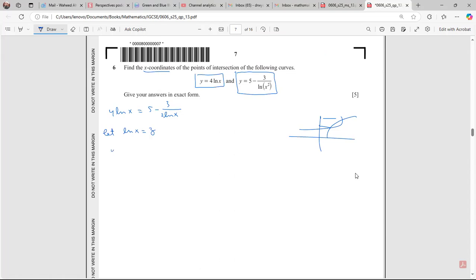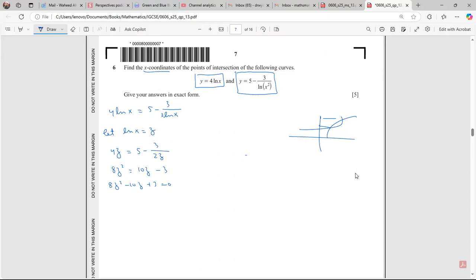So it will become 4z equal to 5 minus 3 over 2z. Let's multiply everything by 2z, so it will become 8z square equals 10z minus 3. So this is a quadratic equation, 8z square minus 10z plus 3 equal to 0.